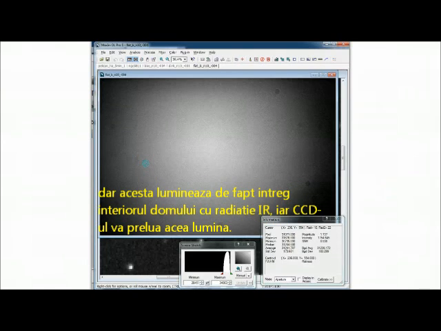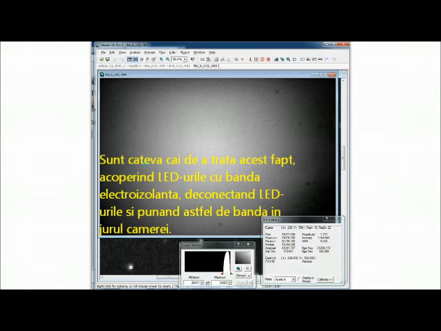But lo and behold, it's actually illuminating the entire interior of your dome with infrared radiation, and your CCD camera will pick that up. There are some ways of dealing with that: covering LEDs with electrical tape, disconnecting LEDs altogether, and also putting some tape around the CCD camera.